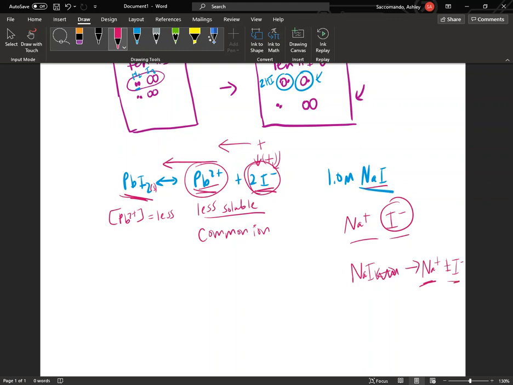Remember, anything with an alkali metal is completely soluble. So this one doesn't even really have an equilibrium position. It just goes this way to completion and completely dissolves. The ones that have the equilibrium positions are going to be the ones that have smaller KSPs, that have a small ability to dissolve.